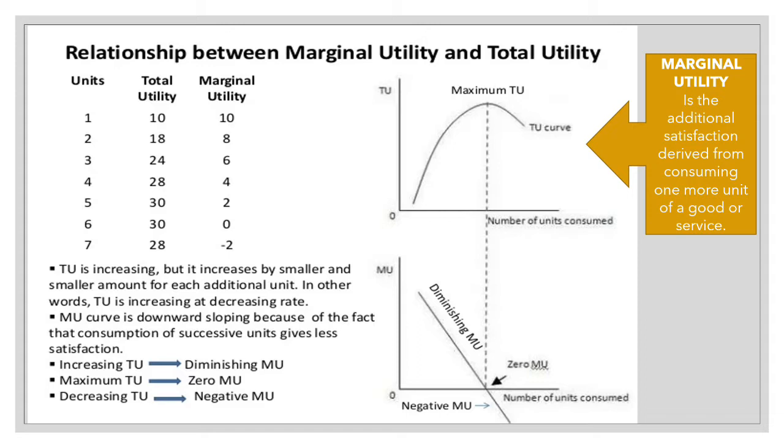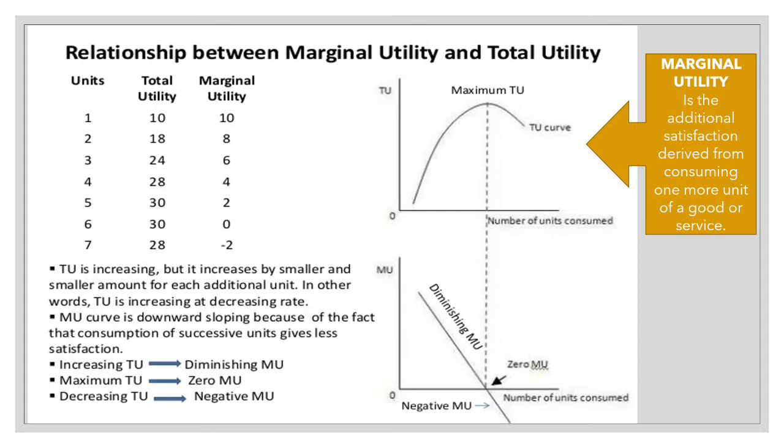After eating the second slice of pizza, you are still hungry and you want to eat another slice of pizza. The third slice of pizza provides you 24 utils, the fourth slice provides you 28 utils, and the fifth slice provides you 30 utils.